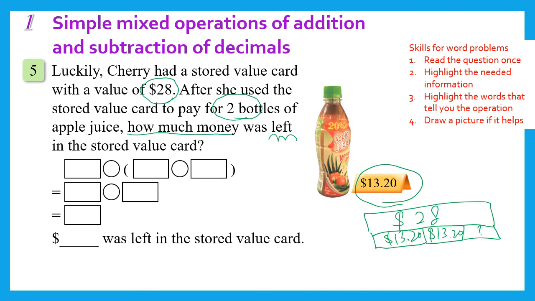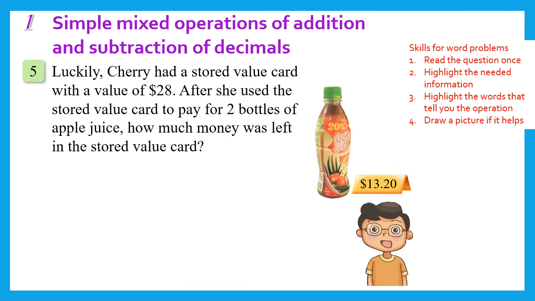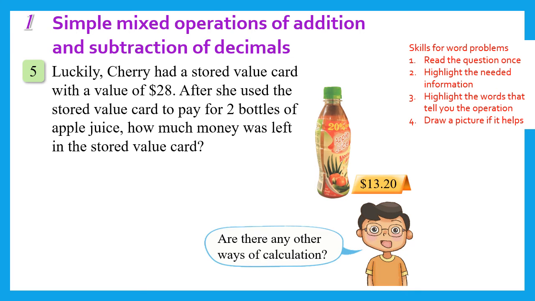So you do the calculation one by one. It's 28 minus these 2, so you have to add these 2 together first. Add a bracket here: 28 minus open bracket 13.2 plus 13.2 close bracket, and do the calculation inside the bracket first. Then you can find the answer, $1.60 was left. Are there any other ways of doing the calculation?